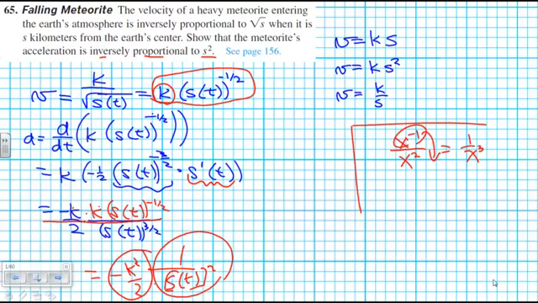Again, I need you to know what those words, proportional and inversely proportional, mean. To show it to be inversely proportional, what they were asking for is show that acceleration is some constant over s squared.